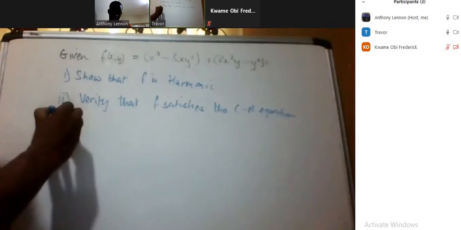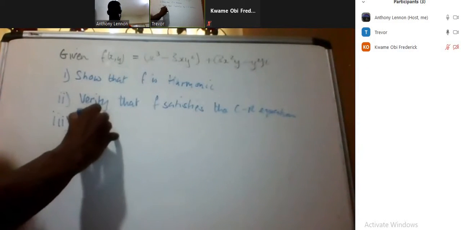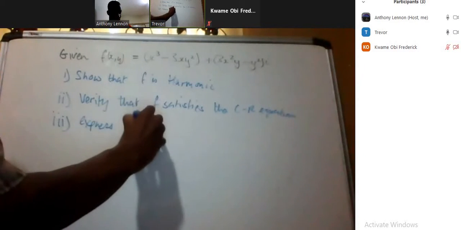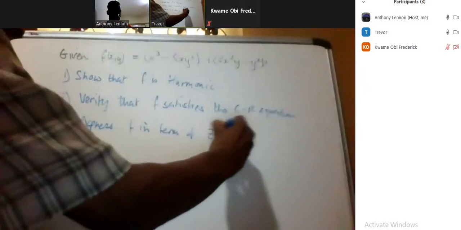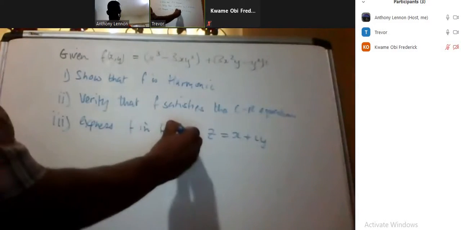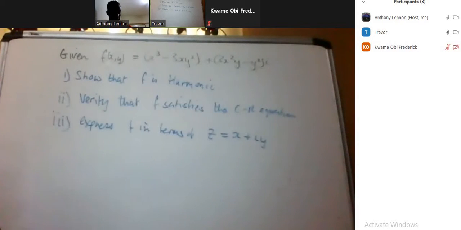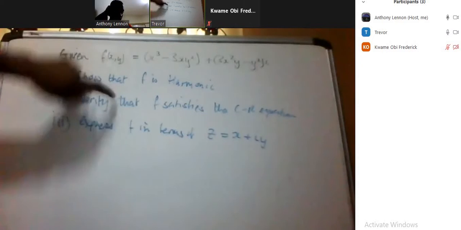And the last part, which I don't know the answer to, is express f in terms of z, which is x plus iy. I don't know the answer to that. I know I can prove this and I can prove this, but I don't know the answer to this.